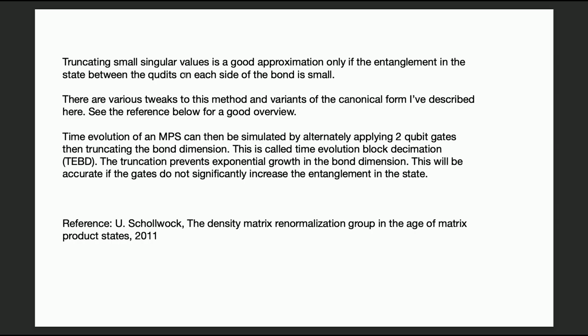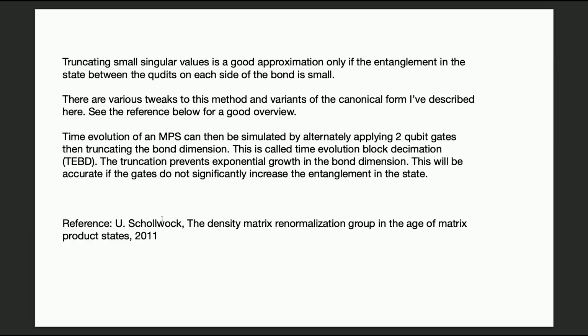What you would probably want to do is decrease the bond dimension of all of the bonds in your matrix product state. I just talked about compressing a single bond. The way you would decrease all of them is you'd do a sweep from right to left, repeating the same procedure that I mentioned. And there are various tweaks you can do to improve the efficiency of the method. If you're interested in reading up, there's a good reference.